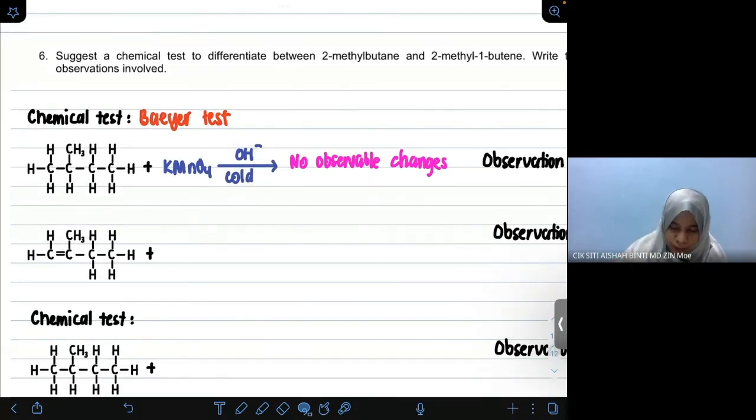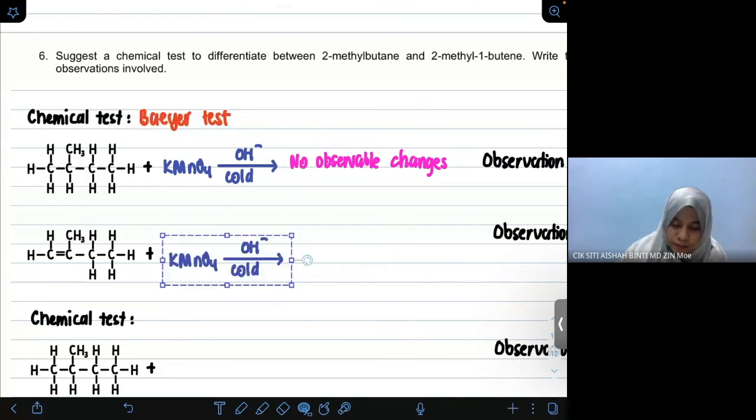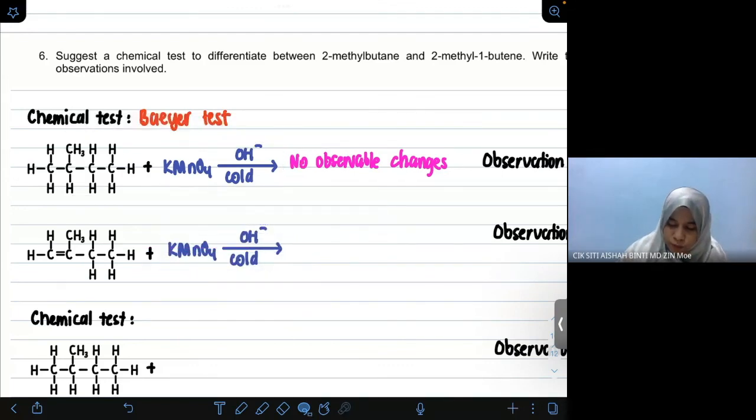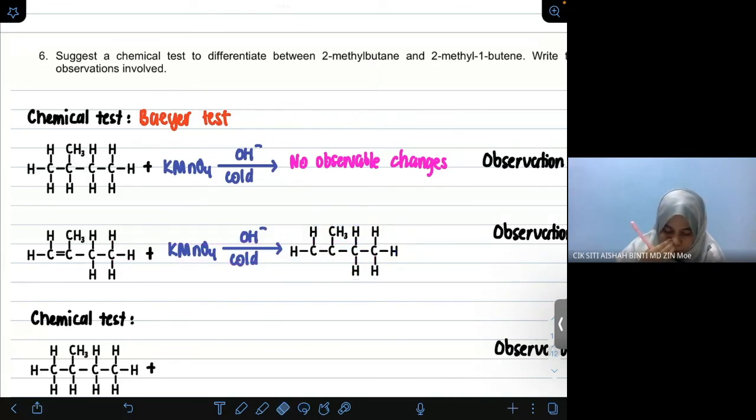But how about the alkene? The alkene is where we can actually add the atoms. So we're going to add 2 of our OH. From our alkene, we're going to remove the double bond and add both of our OH.